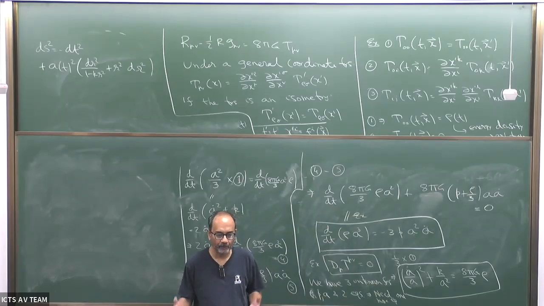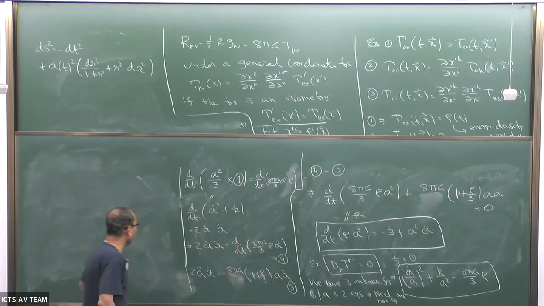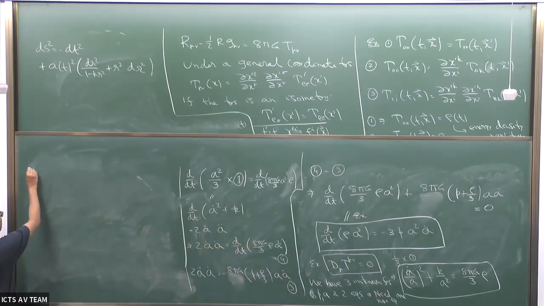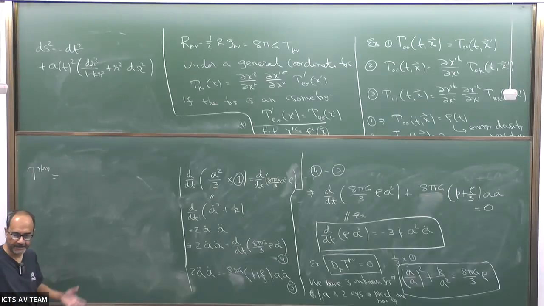Can you get some information about rho and p just from the fact that they are non-relativistic? Let me remind you of the form of the energy momentum tensor of a set of particles moving around, which in the cosmological scale, the galaxies are like particles.